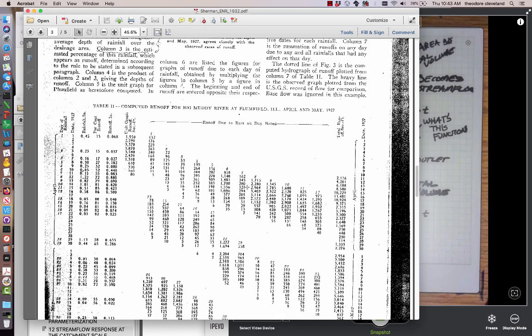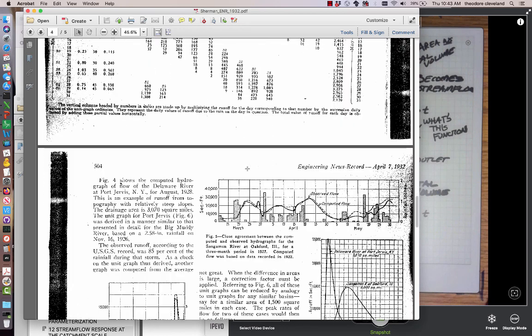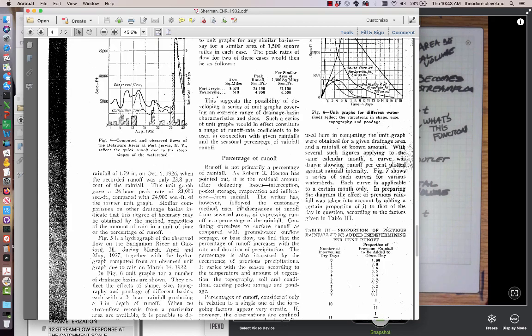And this is a fairly important table because this is where it's never explicitly stated in this paper, but what's going on here is something called discrete convolution. And so each of these rainfall pulses causes its own little teeny hydrograph, and those hydrographs are added up together to produce the observed runoff hydrograph.